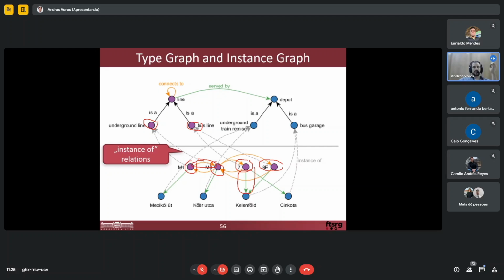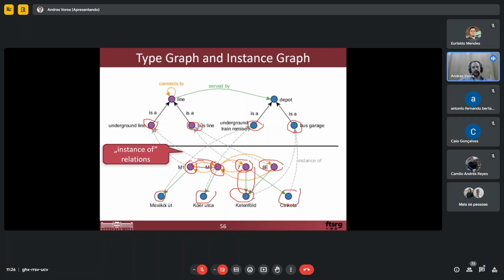And also the garage and the underground train remise is here. So here, the type of this route is that it is an underground train remise. That is also an underground train remise. But here, that's a bus garage. That's actually a huge bus garage. And that is also a bus garage.